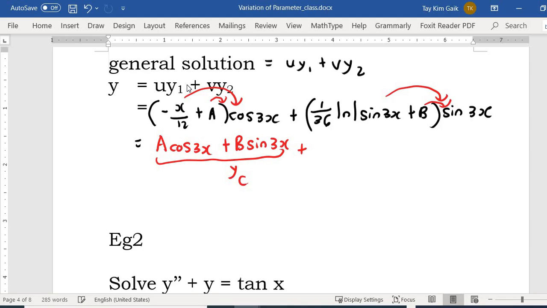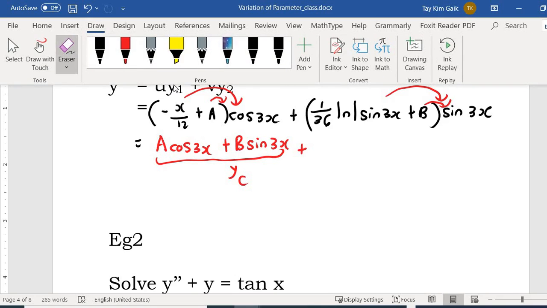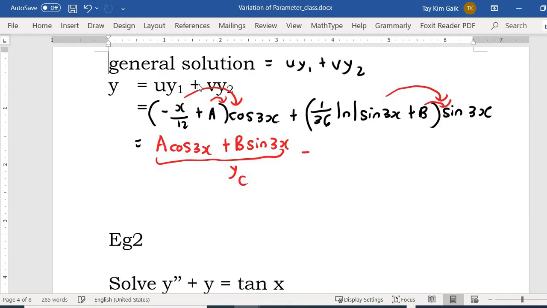The bottom part without a and b is like the yp in undetermined coefficients, which means negative x over 12 times cos 3x, plus 1 over 36 ln sin 3x times sin 3x.